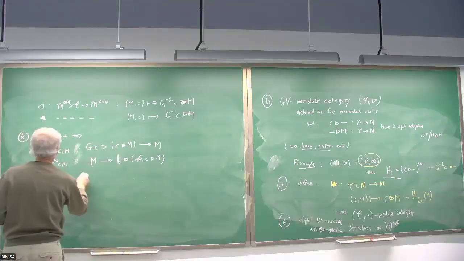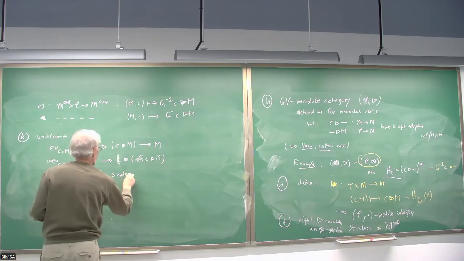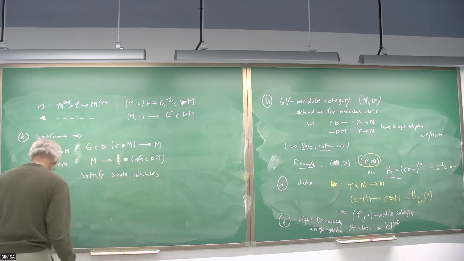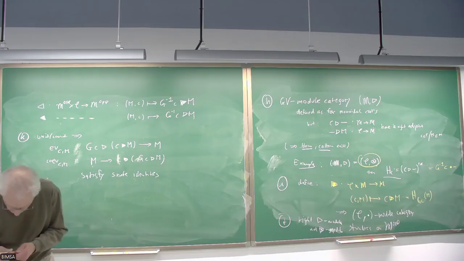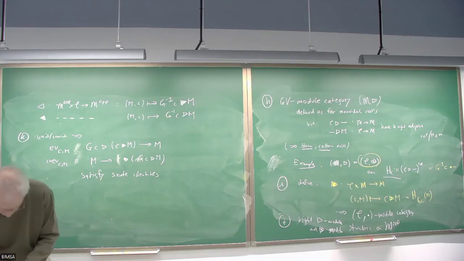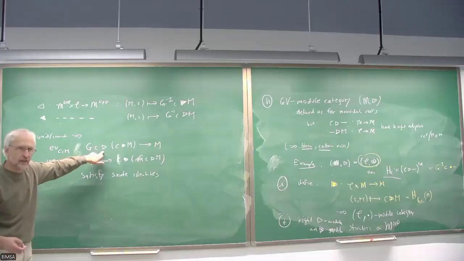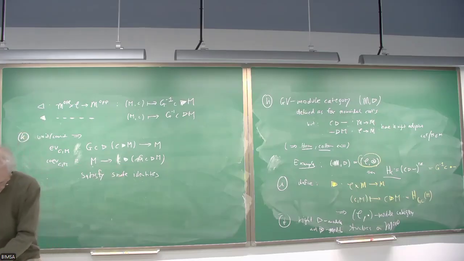And we call them evaluation and co-evaluation because you can check that they satisfy the snake identity. Also, there is a bijection, which I don't write down explicitly, between lax module functor structures for this action and oplax module functor structures for this action.